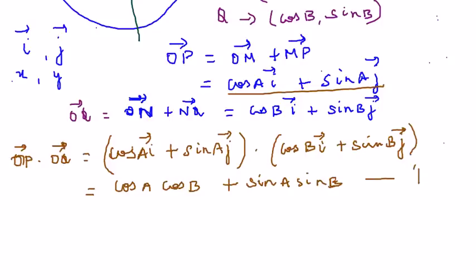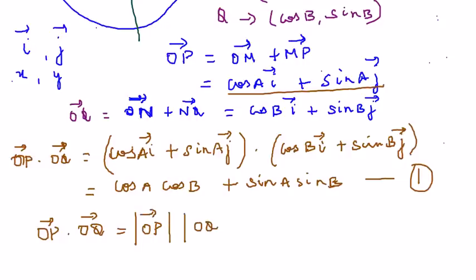We also know that OP dot OQ can be written as mod OP times mod OQ times cos of (A minus B).